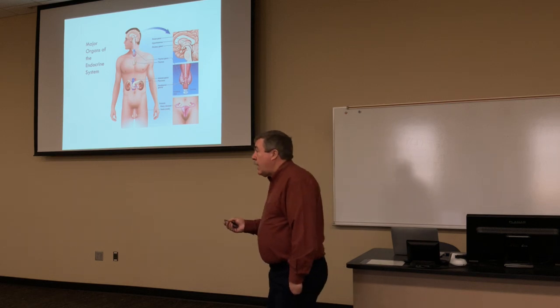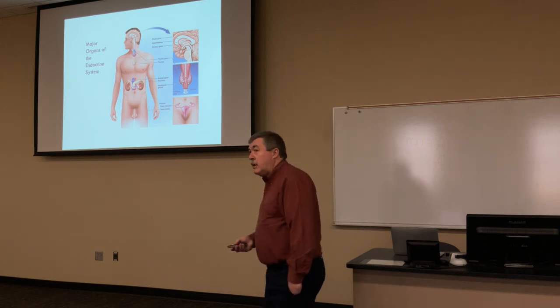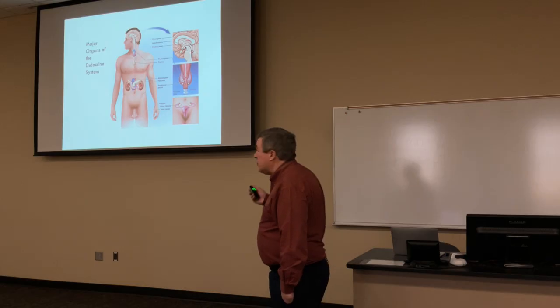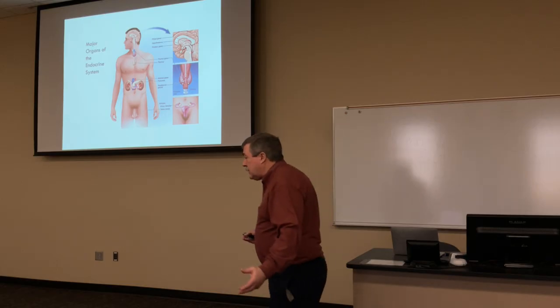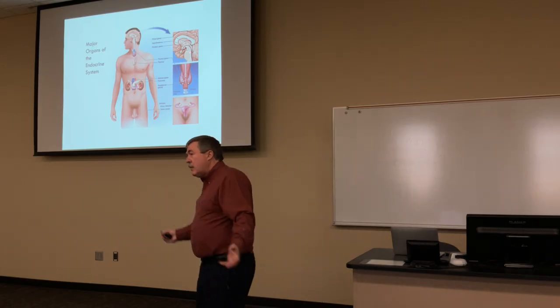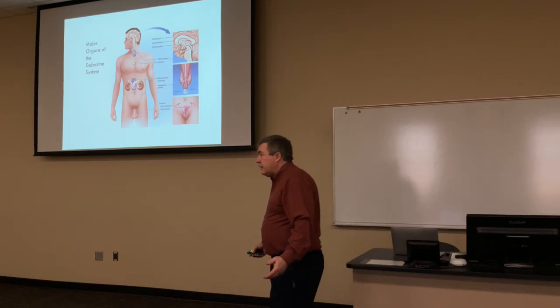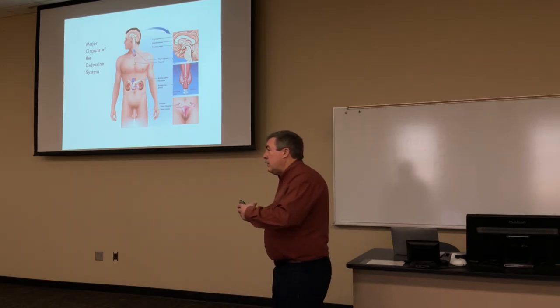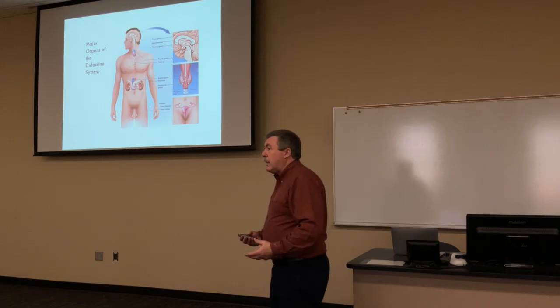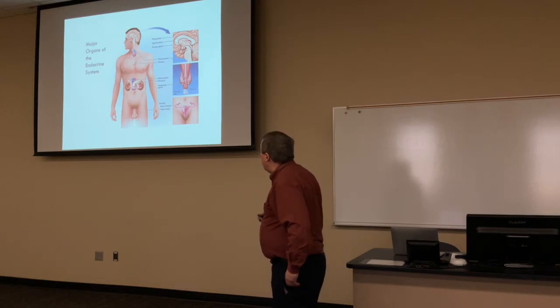So the hypothalamus controls the pituitary. The pituitary in turn affects the activity of many other endocrine glands. Okay? So really the hypothalamus in one sense is the most important one because that controls everything.